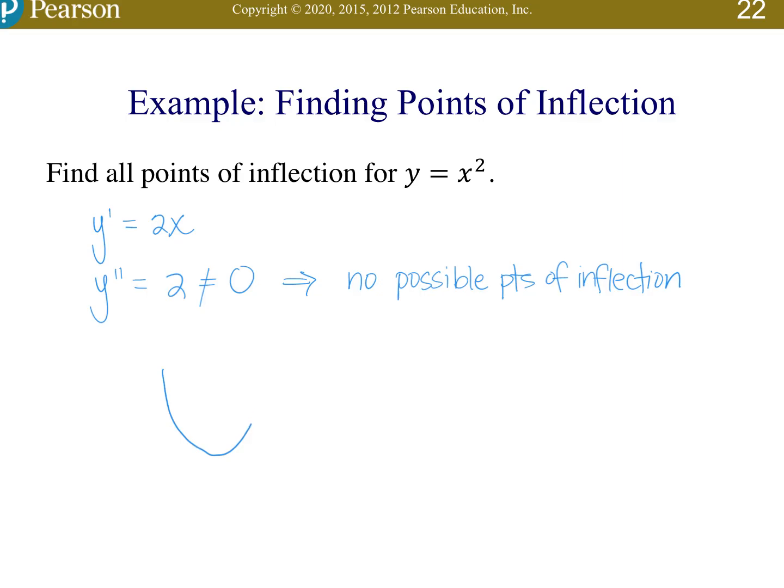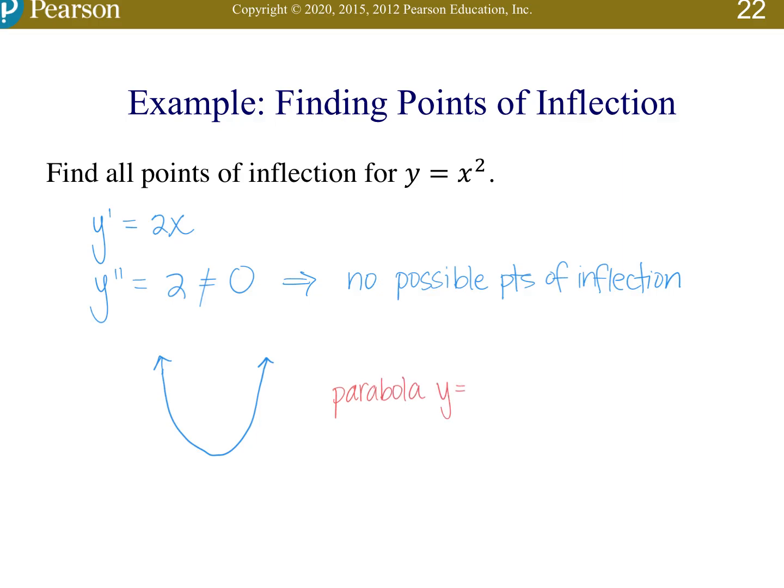This parabola is facing upward. That parabola has only one kind of concavity. It is always concave up. It's impossible for there to be a change. There's only one vertex of this parabola.